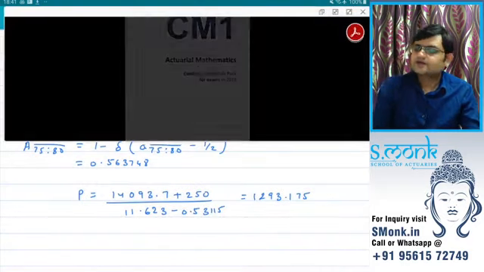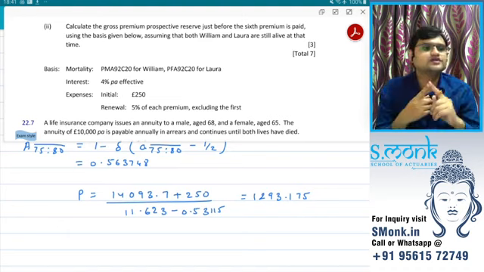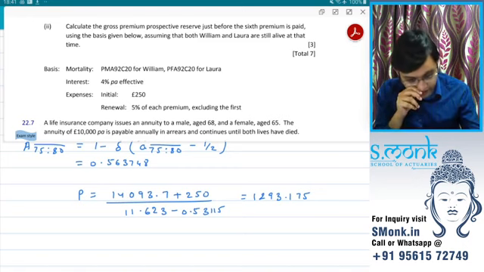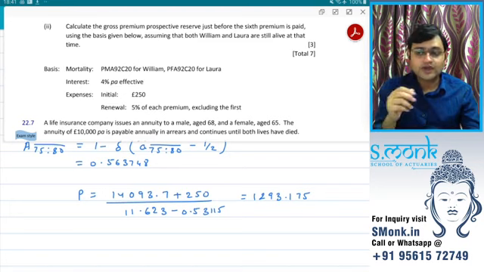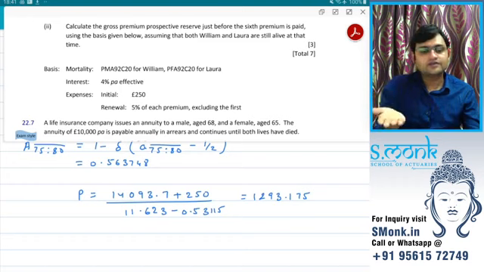For the second part, they're asking us to calculate the gross premium reserve just before the 6th premium is paid, which means at the end of the 5th year, using the basis given, assuming both William and Laura are still alive at that time. If they had not said that, we would have to take into account what happens if Laura dies and William is alive, what happens if William dies and Laura is alive, and what happens if both are alive.